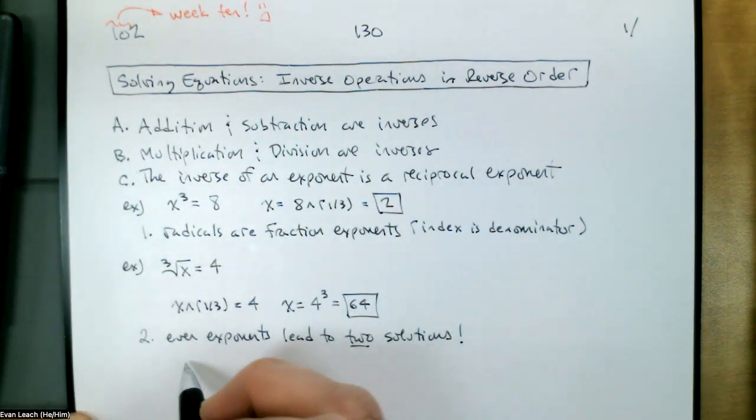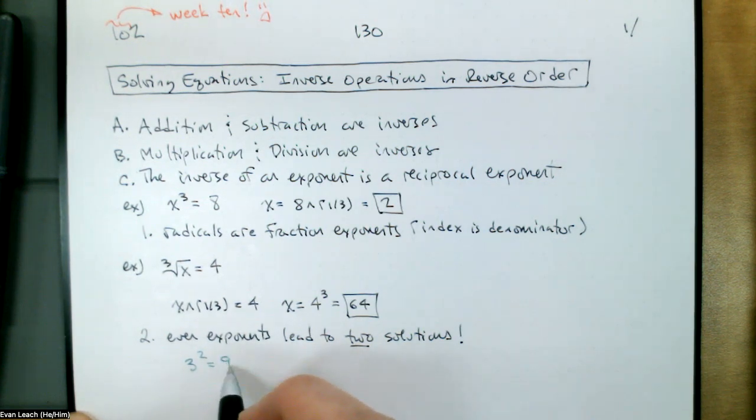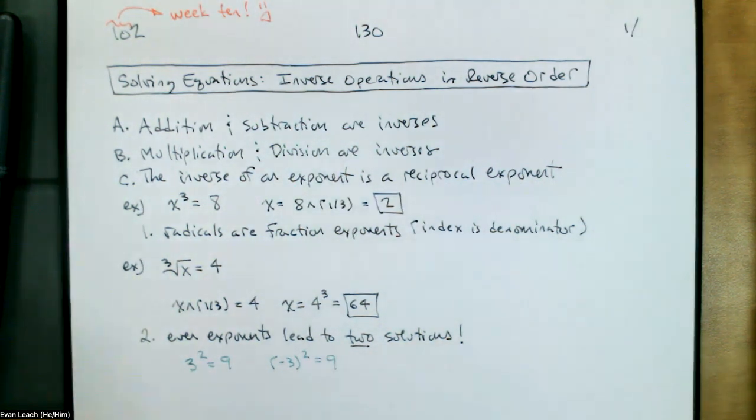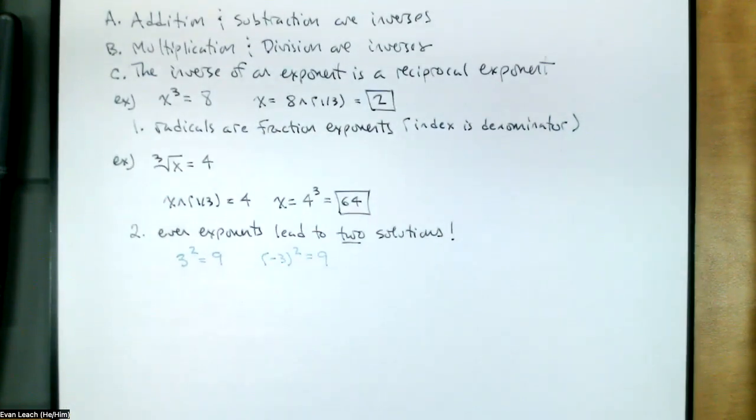So if I take 3 squared, that is 9, and also -3 squared is 9. So if I have the equation x squared equals 9, there are 2 solutions, 3 and -3.